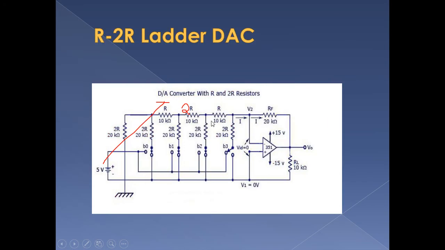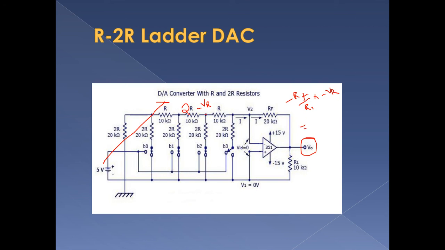So this is the node voltage we have found at this point. Now we need to find the output voltage V0. This is an inverting amplifier. We know for the inverting amplifier the gain is minus RF by R1, and to find the output voltage, gain into the input voltage.